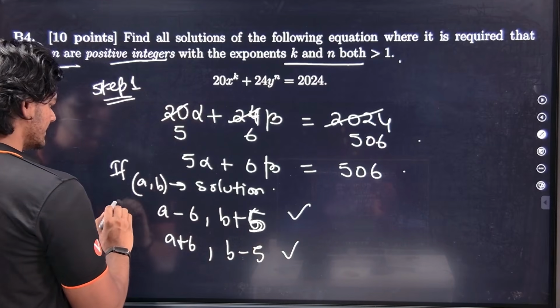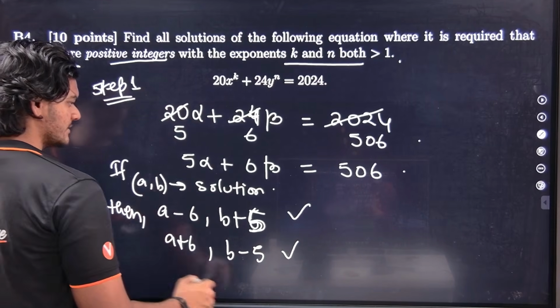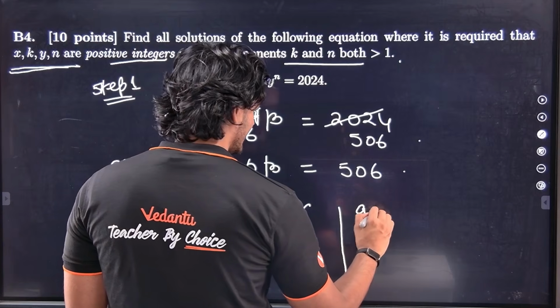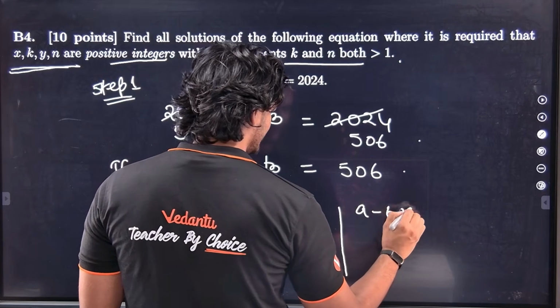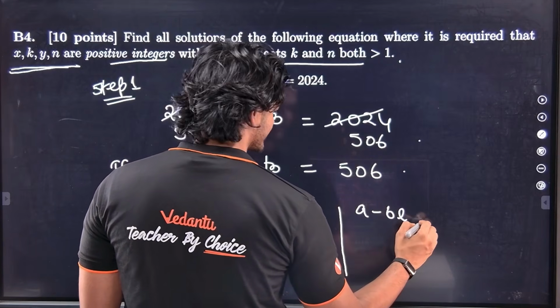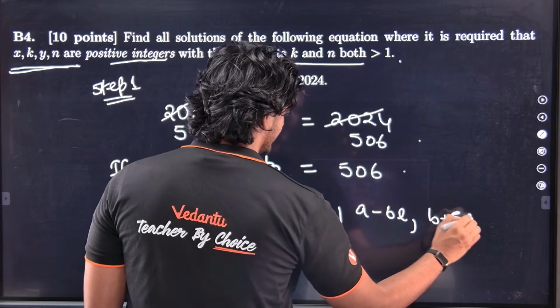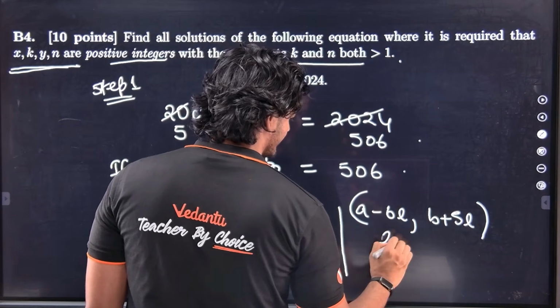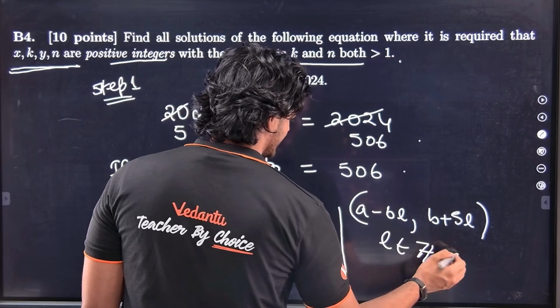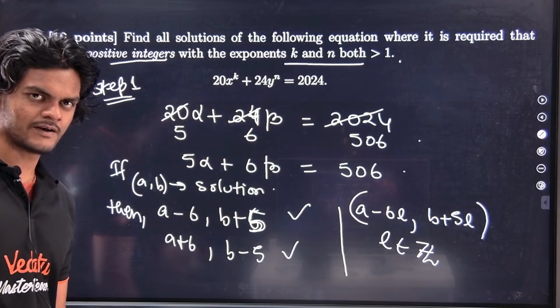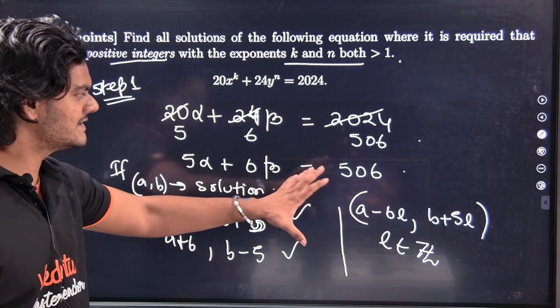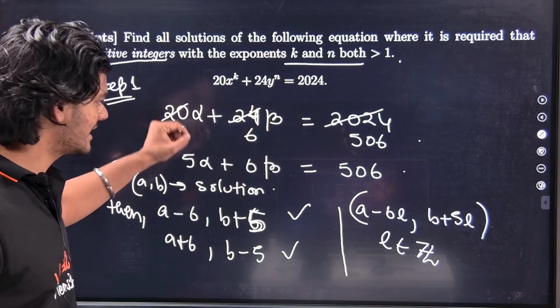If this is a solution, then these two are solutions. In general, a minus 6l and b plus 5l are solutions for l belongs to Z, where Z is the set of integers. All these are solutions. Every solution can be written like this.